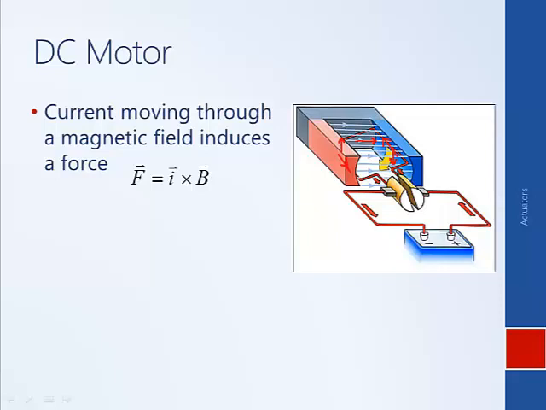There are a couple of challenges that arise, however. You can imagine that as these forces cause the rotor, this coil, to flip, when it flips to the other side, this side of the coil is now over here. And so you can see that the direction of the current will be opposite to the direction that it originally was. And that will cause the forces to switch.